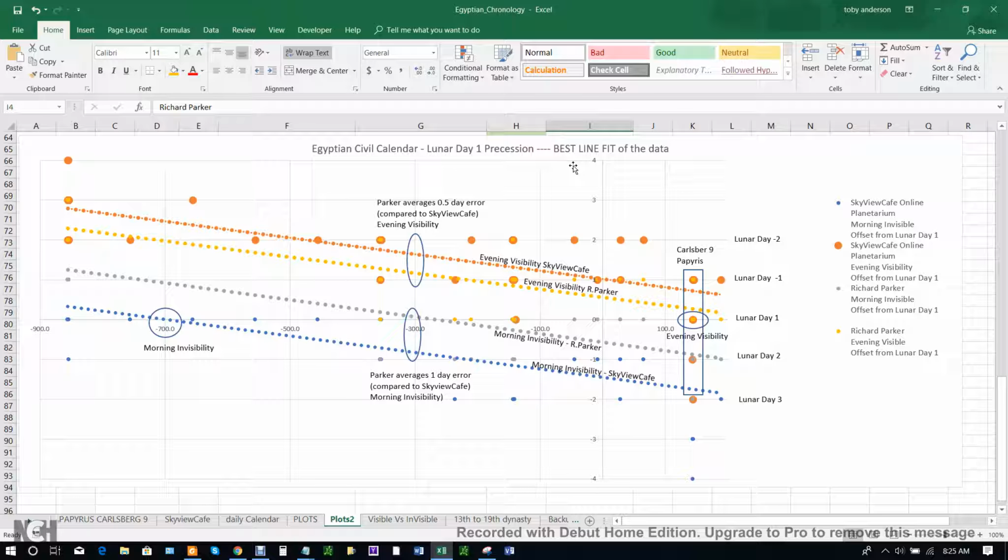And basically, there are data points all over the place, and in some years I did several months, and I put the data out on here, so you'll see 3 dots in a row. What scientists use is what they call a best line fit of the data. In the real world, a lot of times the data isn't a perfect line.